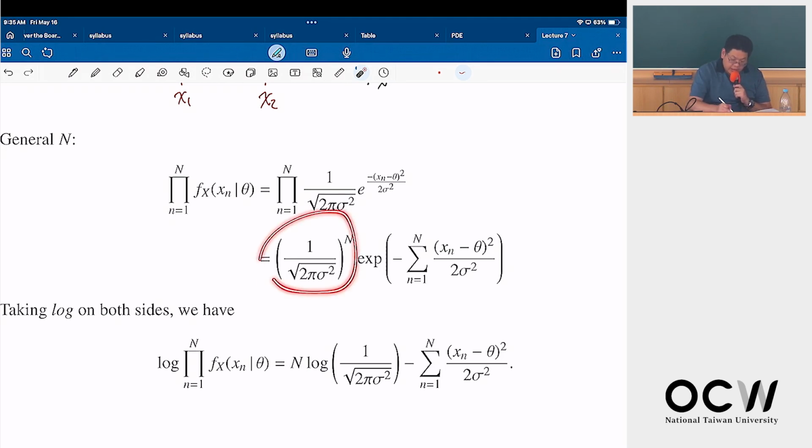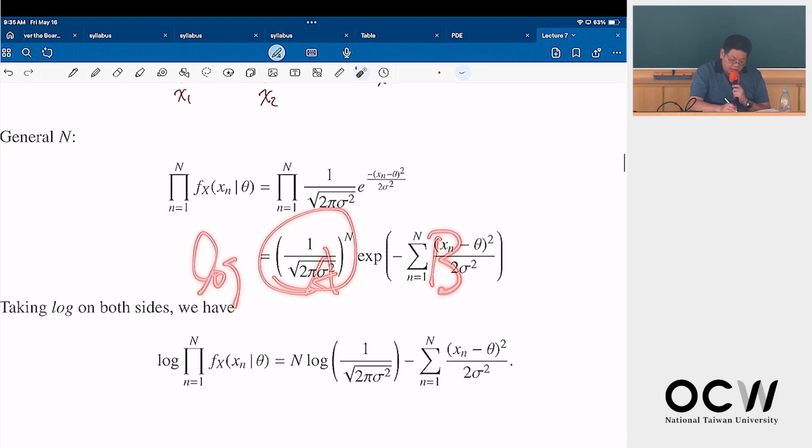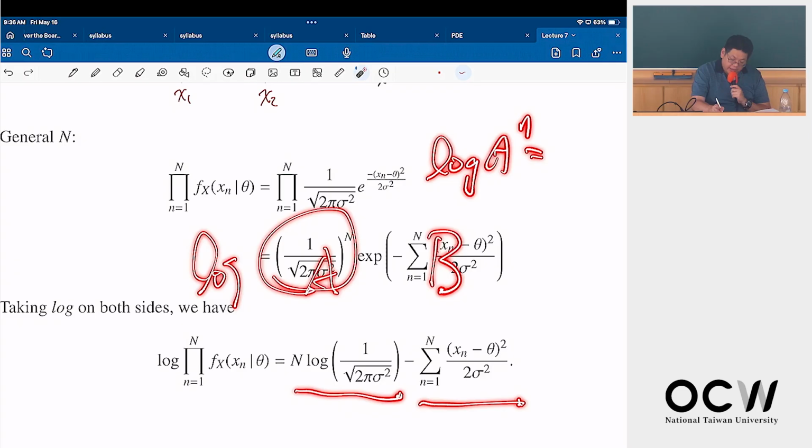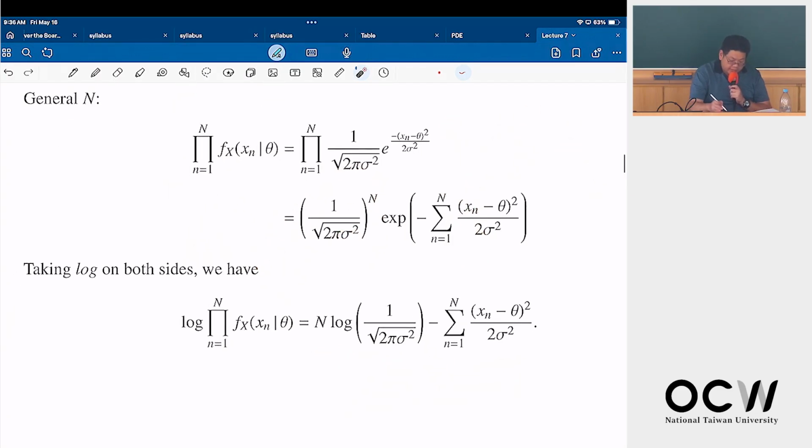Again, I have A and B. So if I take a log, I have log A and then log B. Log A to the n will be n times log A. Now, to find the best theta, we can take the derivative.